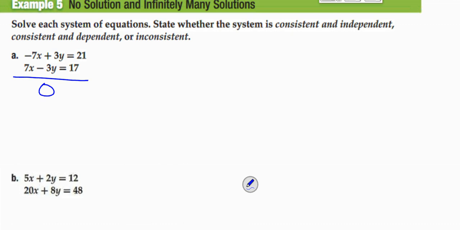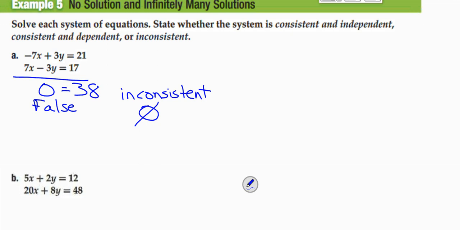So on this side, I get 0 equals, what do I get over there? 38. So is this true or false? If it's false, that means there's no solution. So are they consistent or inconsistent? Inconsistent. And what is the solution? The empty set.